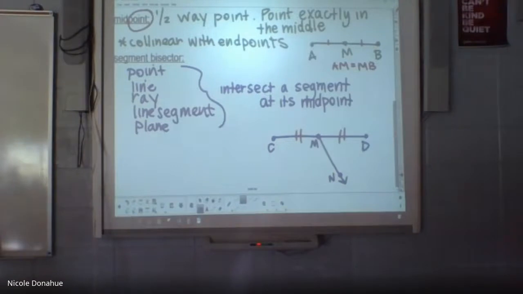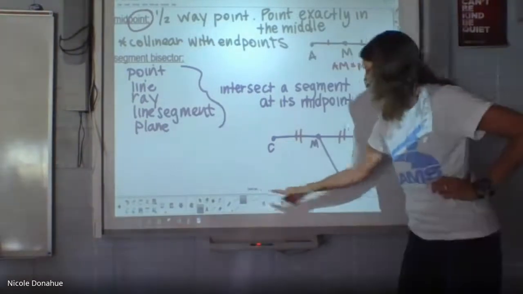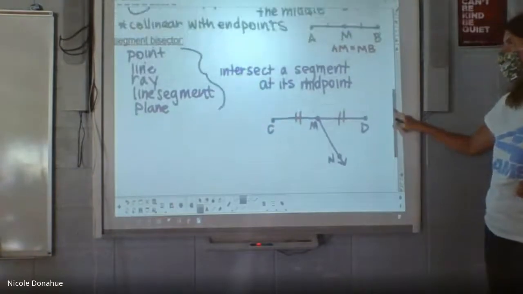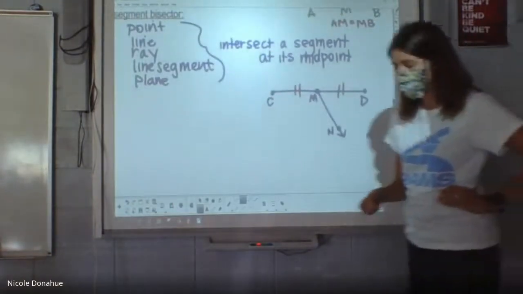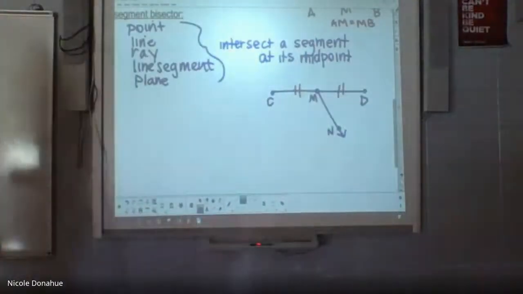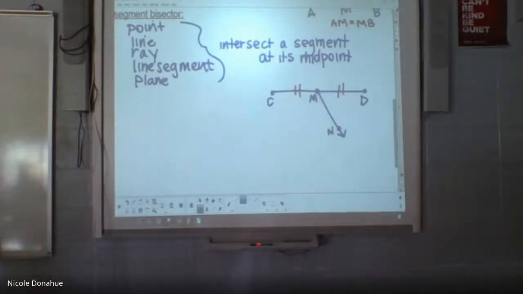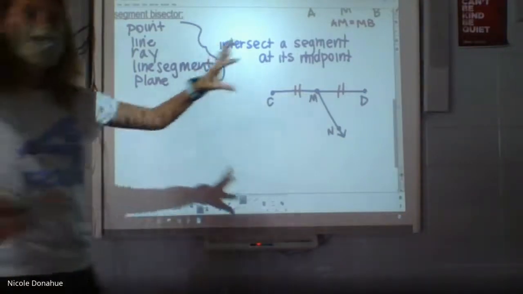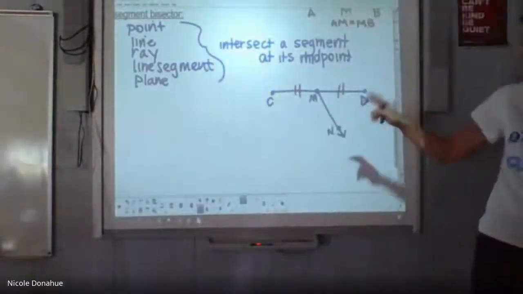Using one tick mark, I'm using two, and I'll explain why that is in a second. If you want to draw that picture, then I'll explain. I'm using the two tick marks this time because I want to show you guys you can use two as long as you're showing that those two are the same.